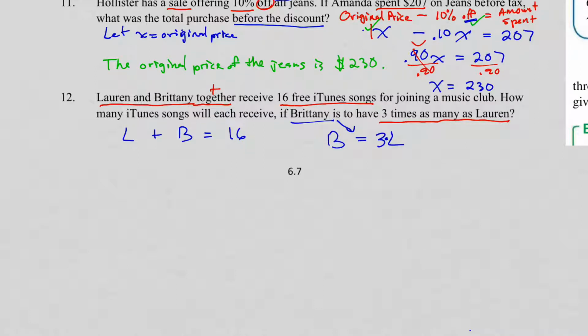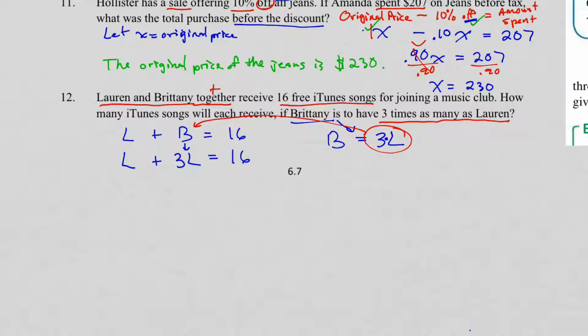So we're going to use this clue to put this and replace it right over here. Let me use a different color. So this B is going to be replaced by the 3L. You cannot solve one equation with 2 variables, so we need to get this replaced. So we're going to get L plus 3L. Brittany is actually the same as 3L.